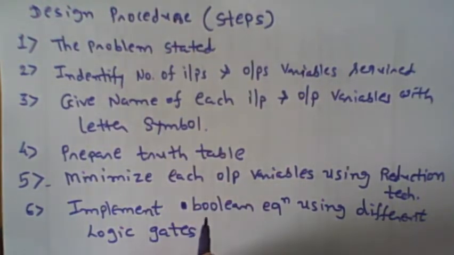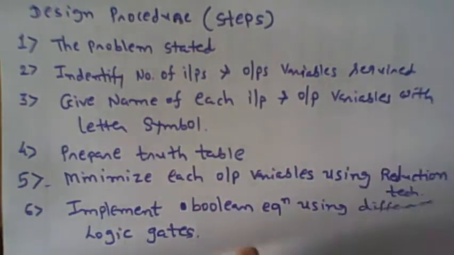So these are the steps to design any combinational digital circuit. It starts with the problem statement, and at the end we get a circuit with a logic diagram, the transfer function from inputs to outputs in the form of a logic diagram.